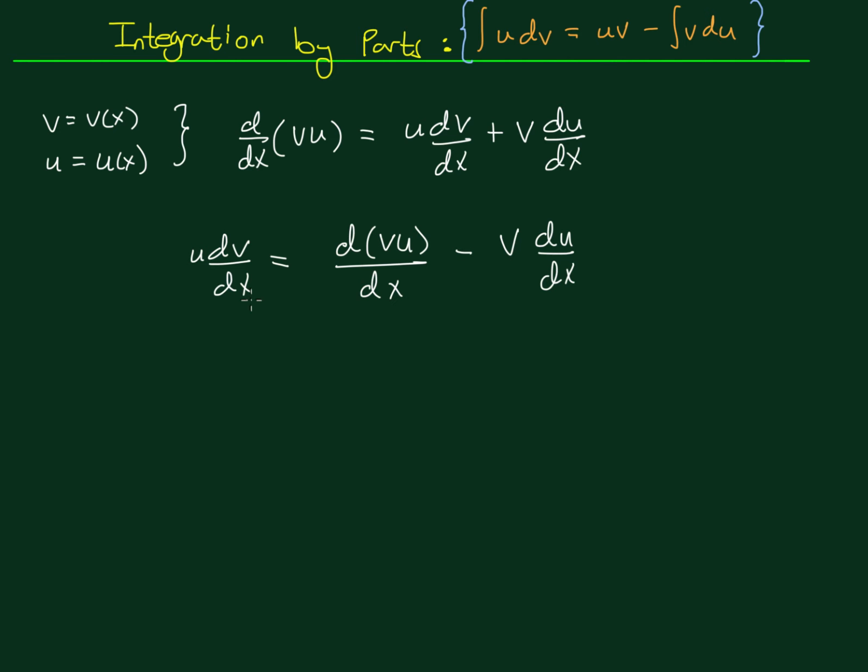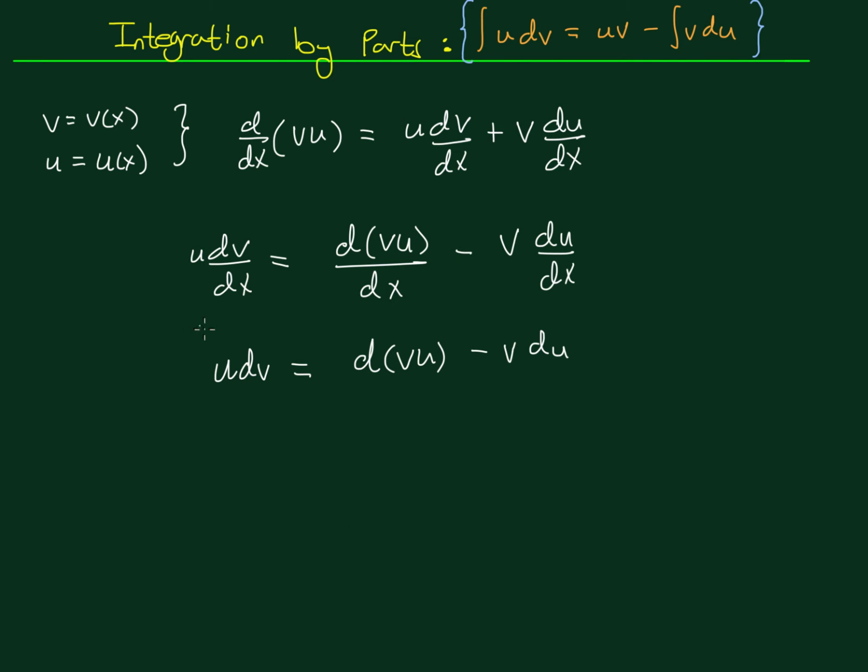Okay. If I now multiply across by dx, I get u dv is equal to d(v times u) minus v times du.